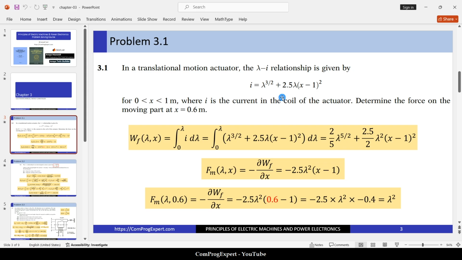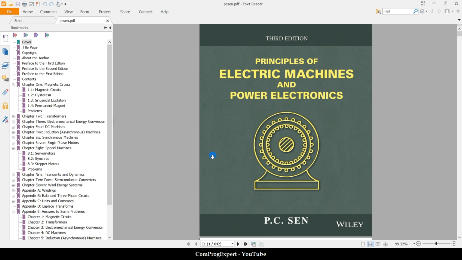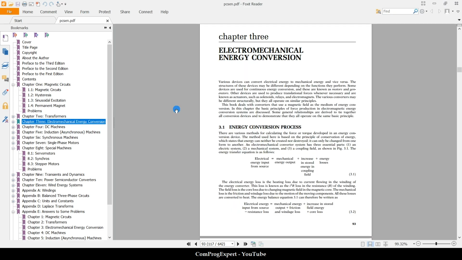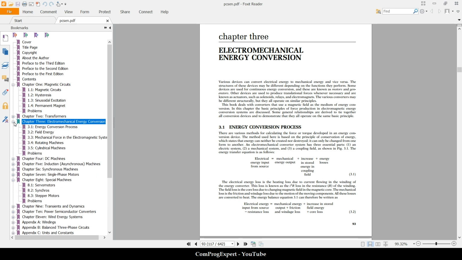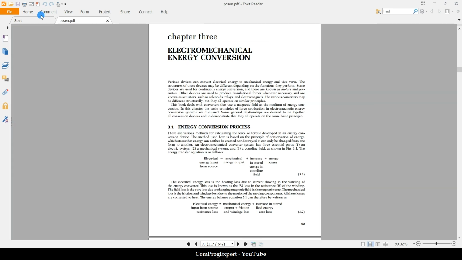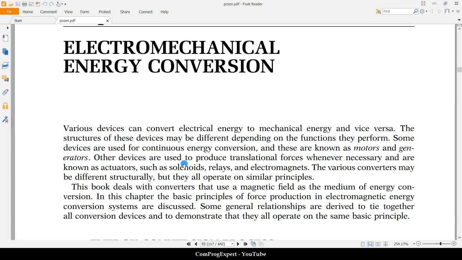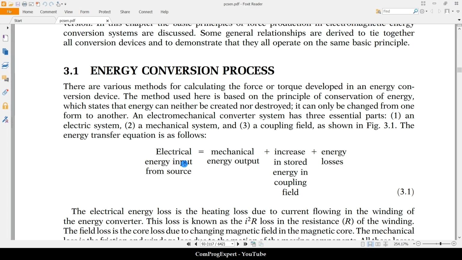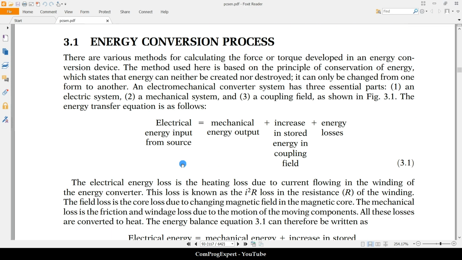Before solving this problem, let's review the first few sections of chapter 3 of the reference. Here, chapter 3, electromechanical energy conversion, section 1. Let's have a quick overview first and then we will solve the problem.